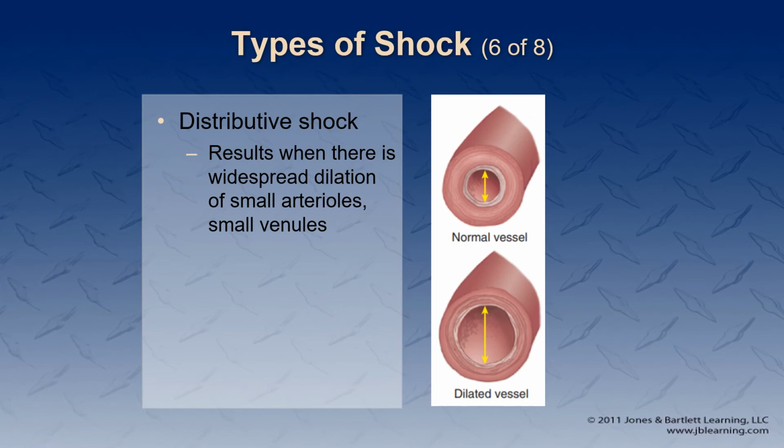So distributive shock is secondary to widespread dilation of typically the microvasculature, right? So it's not like your radial artery is going to massively dilate, but the arterioles under all of the skin in your arm and your hands and your fingers, right, that can all dilate.